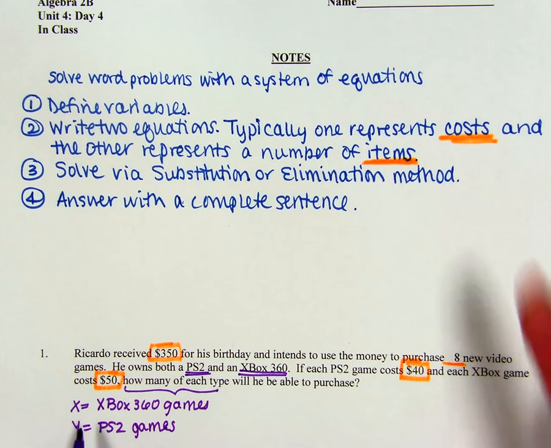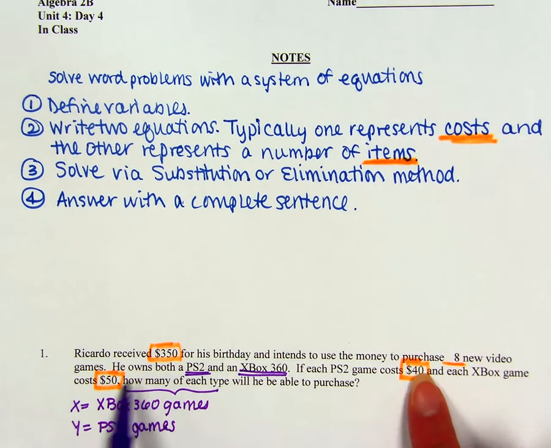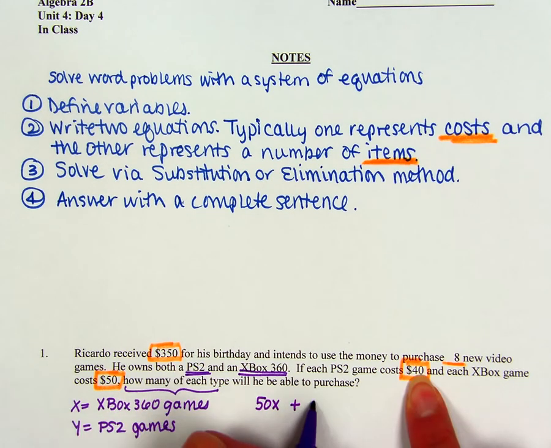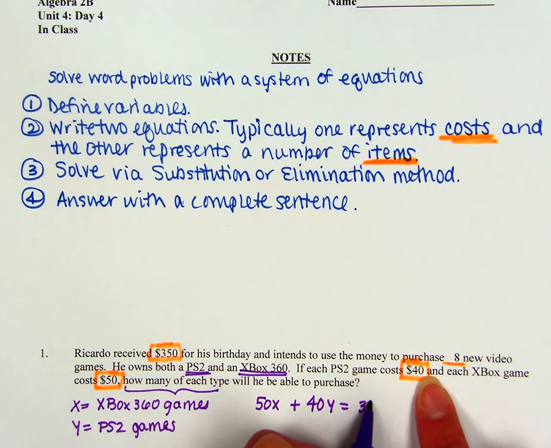All right, so if I make a cost equation, all of the costs are here, 350, 40, and 50. Well, I'll start with Xbox. Xbox cost $50 each, so 50x plus 40y equals my total amount.